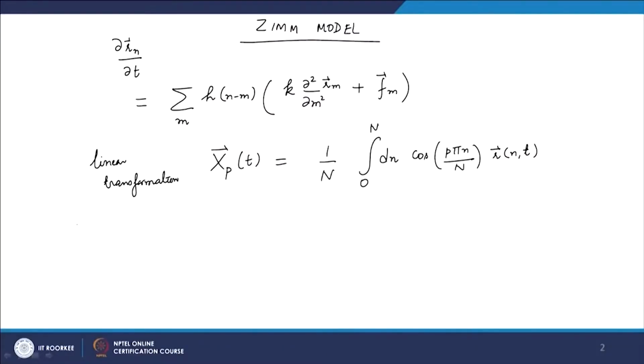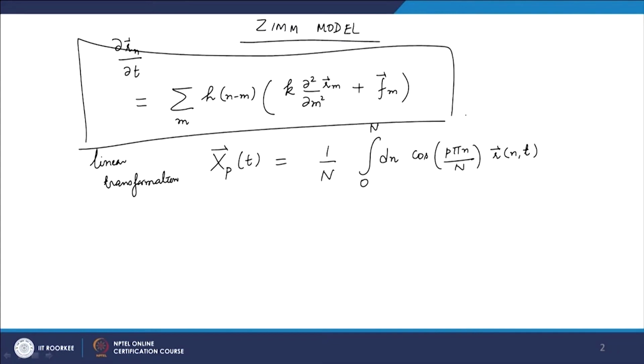And if I use that, what we get on solution is the expression in terms of X_p.